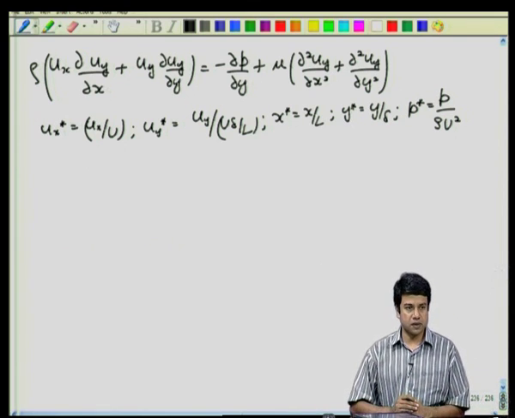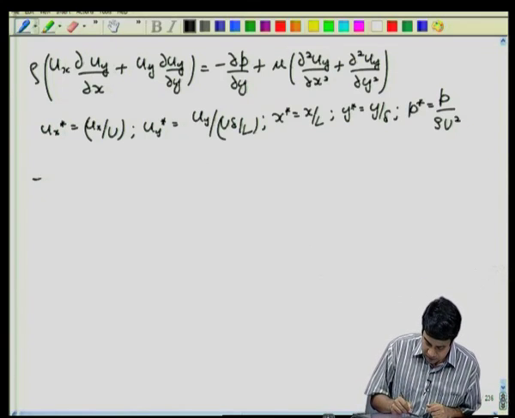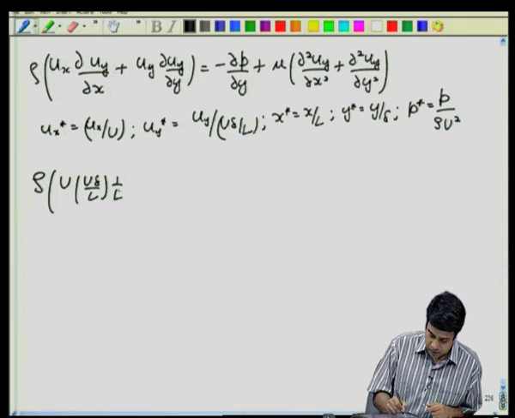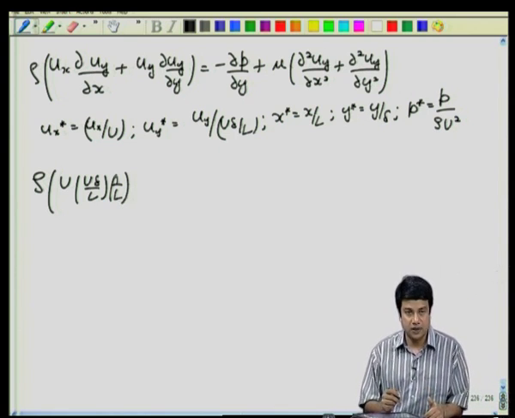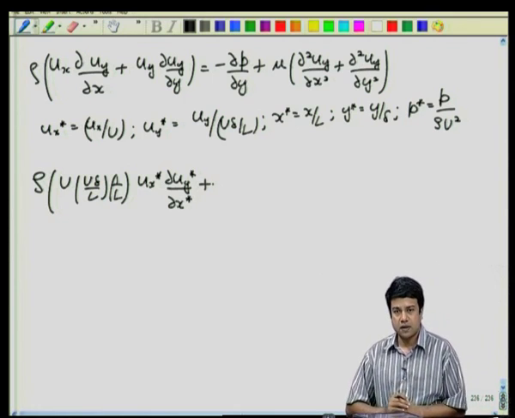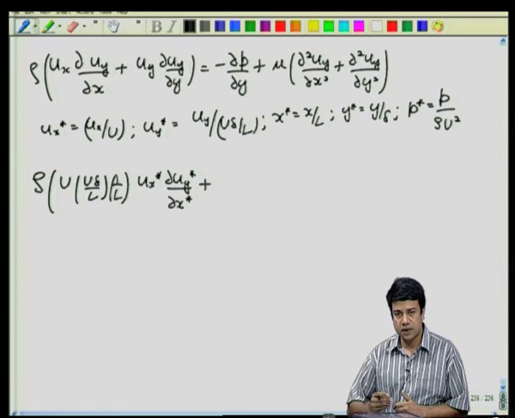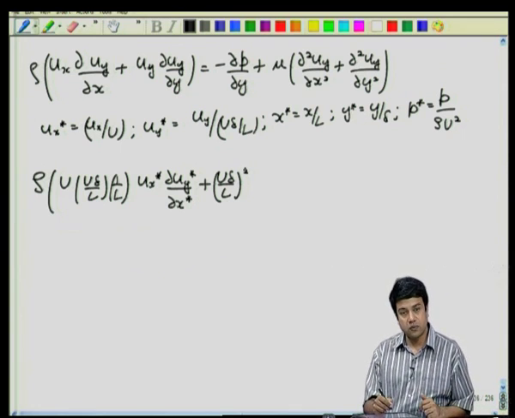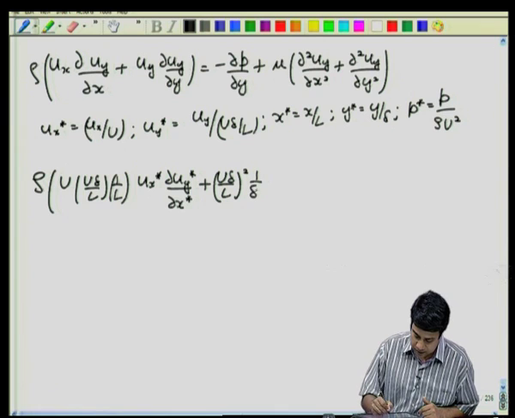So, I express my equations in terms of this. The first term, rho, ux has a factor of u, uy has a factor of u delta by L, and there is a 1 over L derivative with respect to x. The second term is second order in uy, it contains uy times uy. So, you will get u delta by L the whole squared, and the derivative with respect to y becomes 1 over delta.